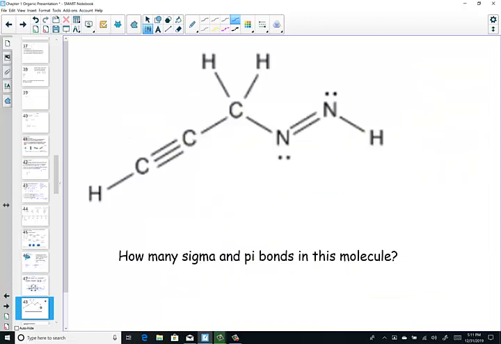So for example, if we'd like to know how many sigma bonds and how many pi bonds there are in this molecule, let's begin counting as follows. All single bonds are sigma. I count 6 single bonds. And the first of all multiple bonds.